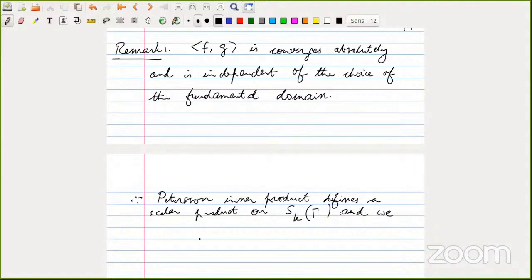This inner product will give us a norm, and we denote the two-norm of f as the square root of <f, f>.